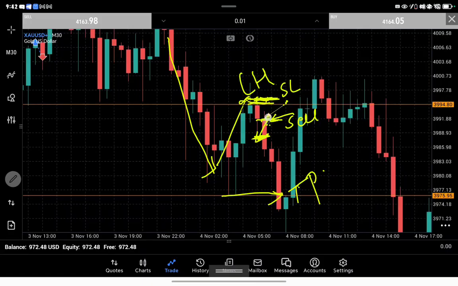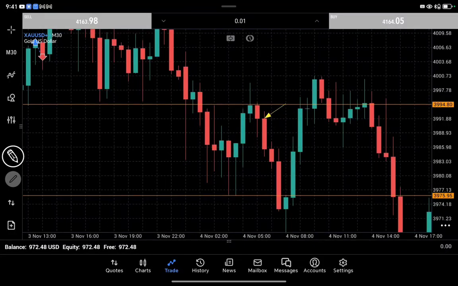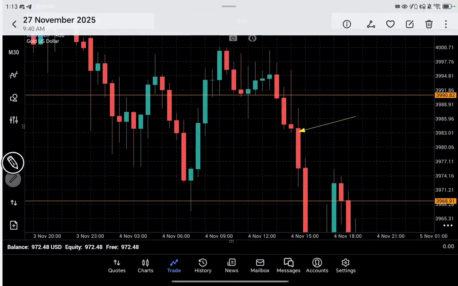That's why I took this sell at this point, expecting to fill this wick. That's the very simple way in a trend. So it's basically a downtrend, right?